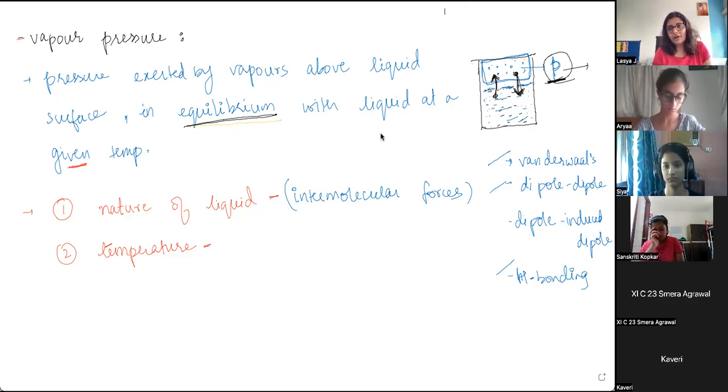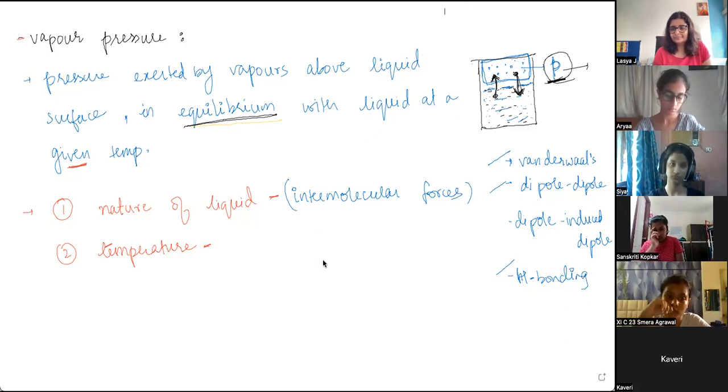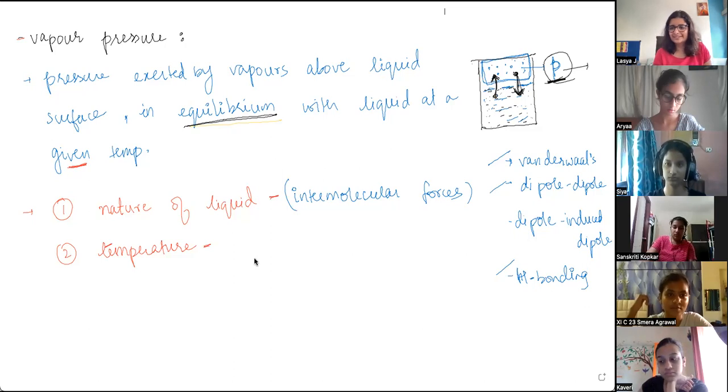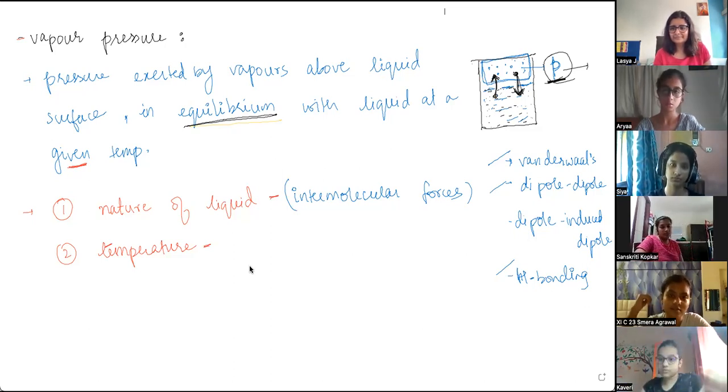So if you compare a hot liquid and a cold liquid, which will vaporize more easily? Hot liquid, naturally. And why do you think it's the hot liquid that vaporizes easily? The molecules are in motion, so it's easier for them to escape.